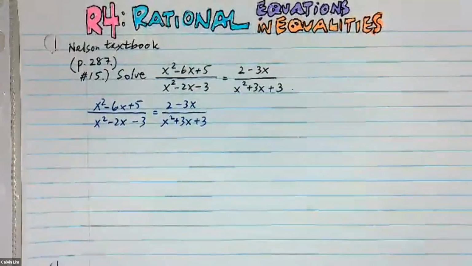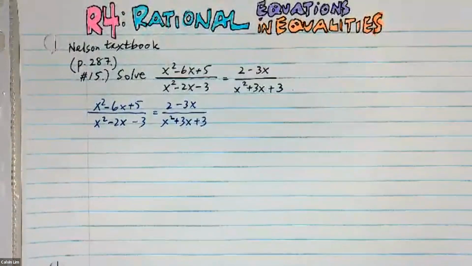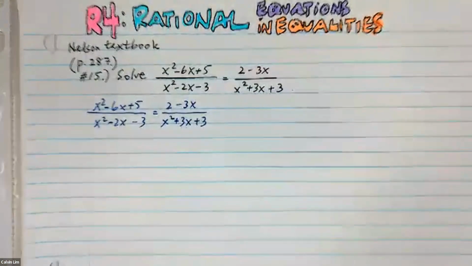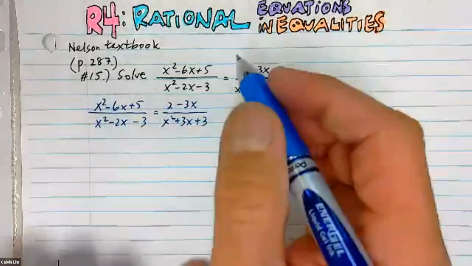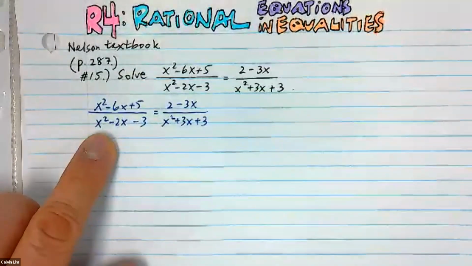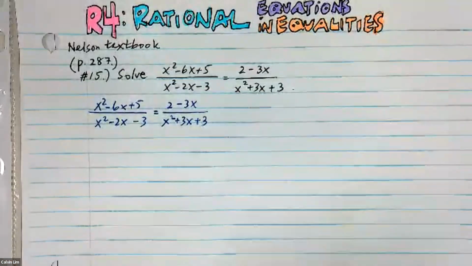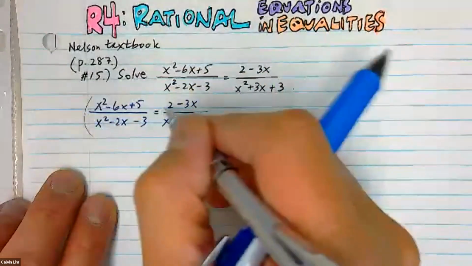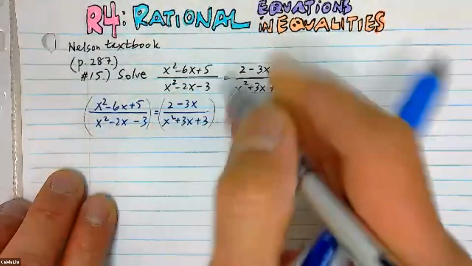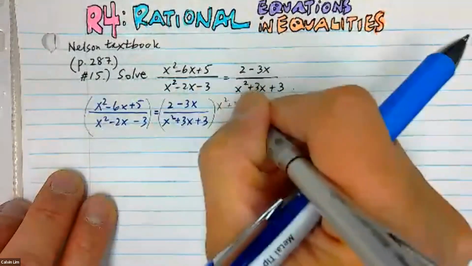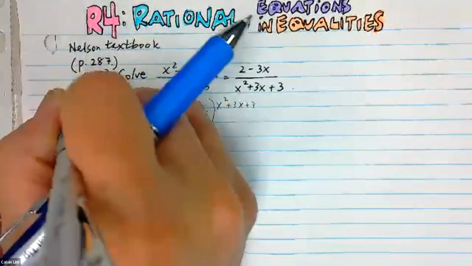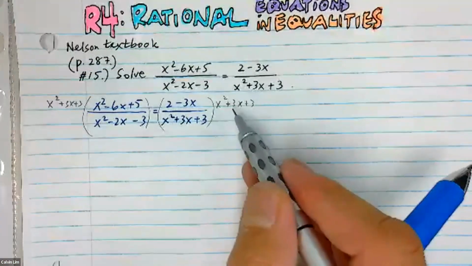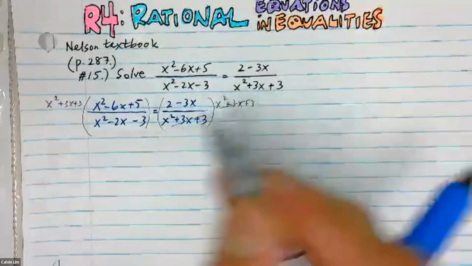So solving equations, as I said yesterday, can you cross multiply? Yes, you can, right? Not for inequality. So we're just going to multiply both sides by x squared plus 3x plus 3 to eliminate this, right?